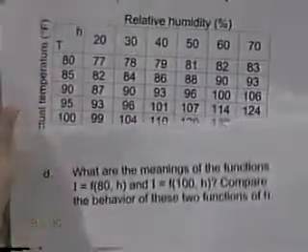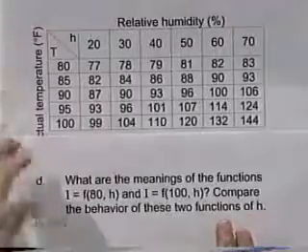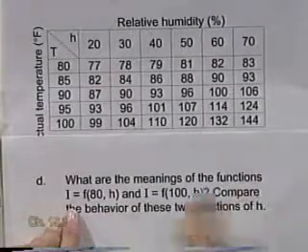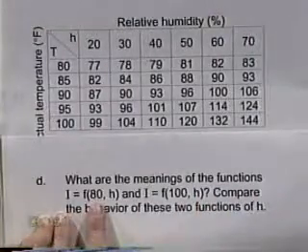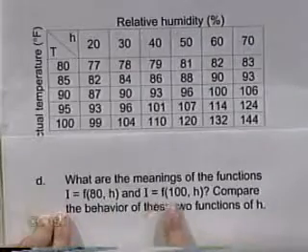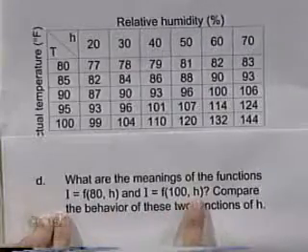Now, there's another way that we can look at it. We can ask the following question. What are the meanings of the functions I equals f of 80, h and I equals f of 100, h?